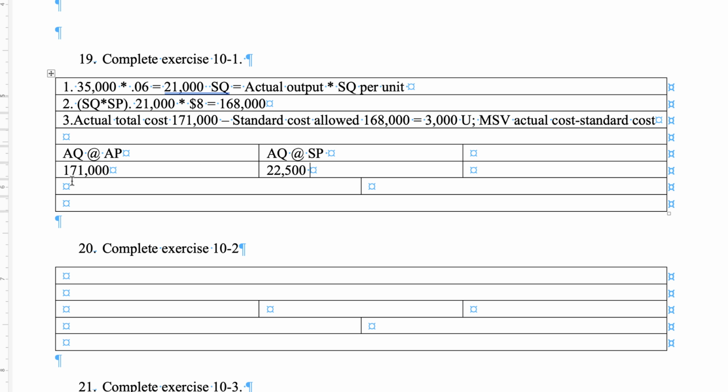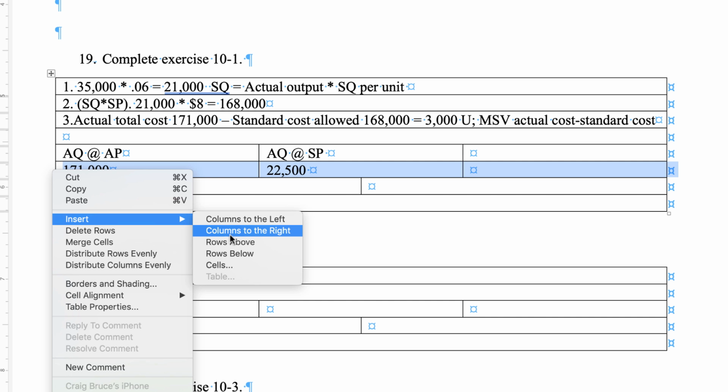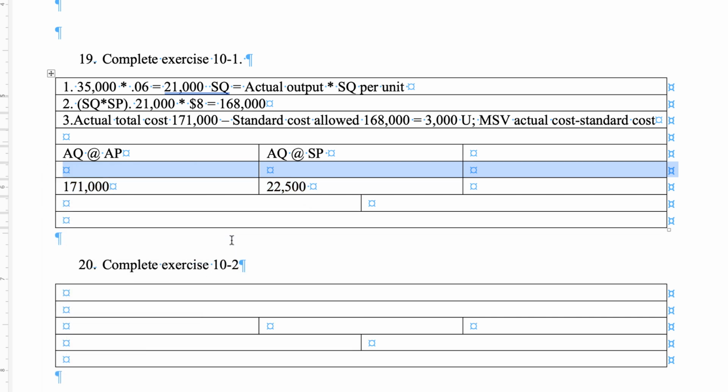Do me one favor, add a row above this, and then we're going to move these numbers up, $171,000, and get rid of this 2,500 down here. So the actual quantity is 22,500 at the standard price, and we know from the problem the standard price is $8.